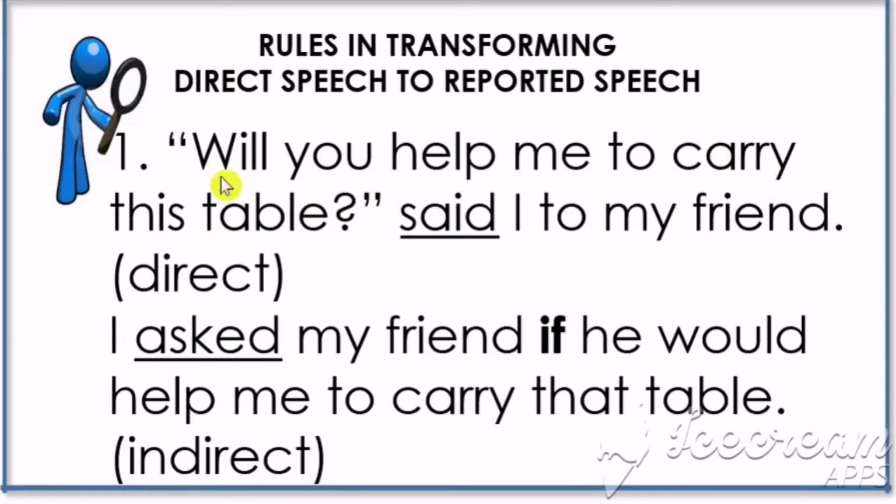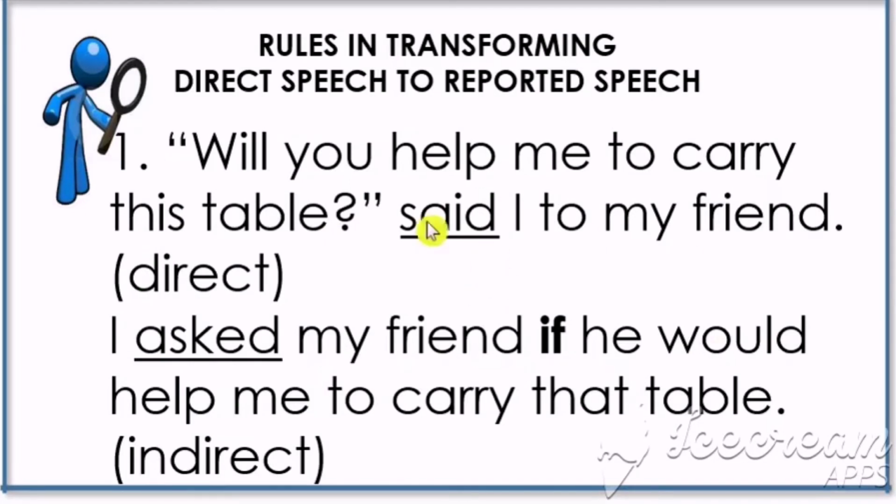So that is the statement inside the quotation marks. "Who said that?" said I to my friend. So who is the speaker here? It is I who is speaking, and I'm talking to my friend. So that is the direct speech.